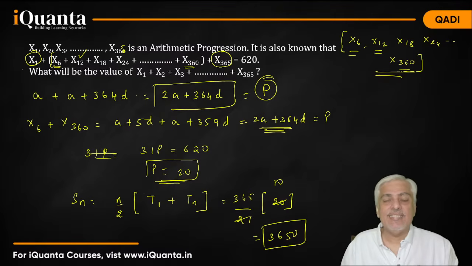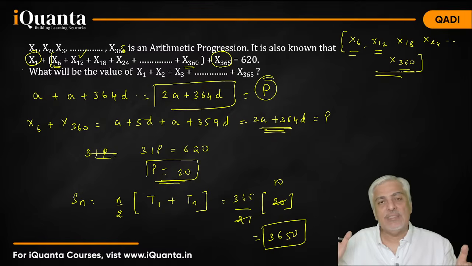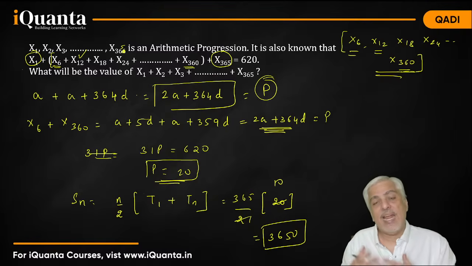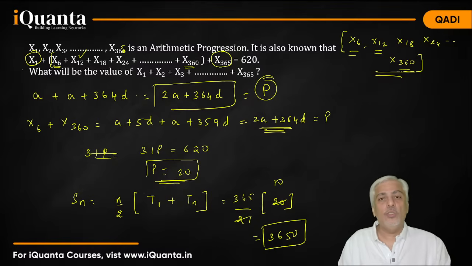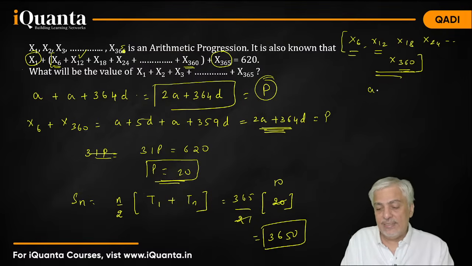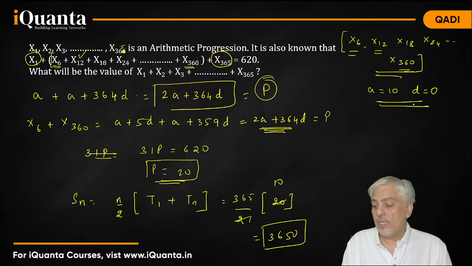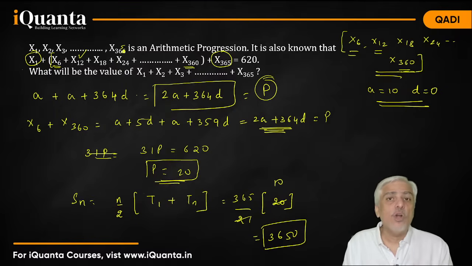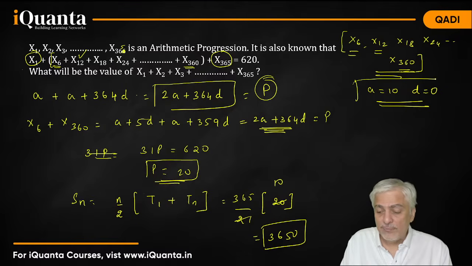You can also think like this, that first term plus last term make 20, which means two terms total is 20, which means every term acts like a 10. In fact, I can make this series also A as 10 and D as 0, which means all terms are 10. So 3650. Nothing wrong with that. Not needed, but I'm saying nothing wrong with this.